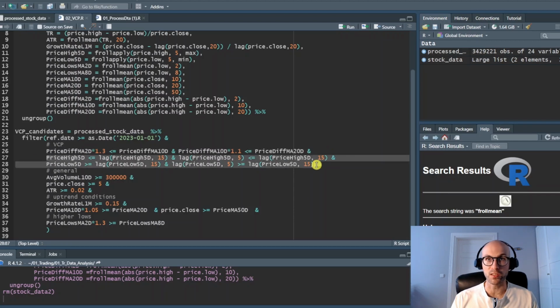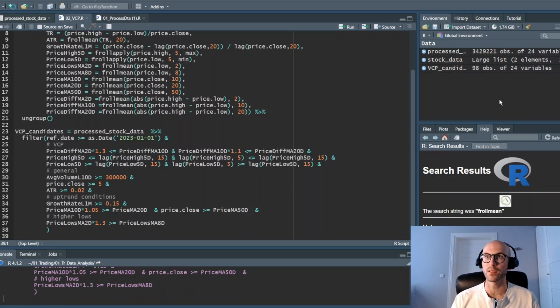This condition is optional, and it effectively allows us to ensure that the price doesn't move outside of minimum and maximum price of the base. A condition allowing us to ensure that recent price changes demonstrate higher lows is here. And then there are a few other conditions that I will not be capturing in depth on this video. But let's run it and see what happens.